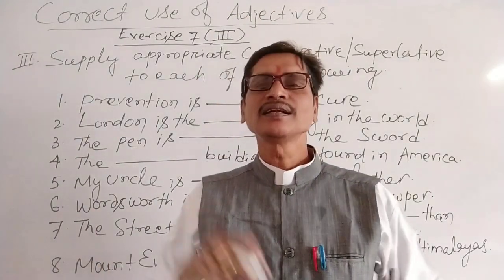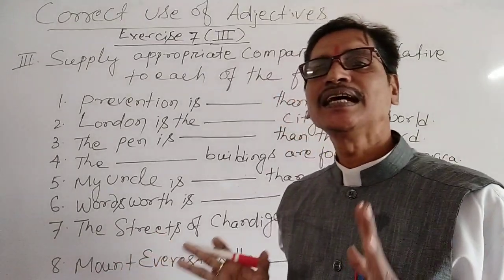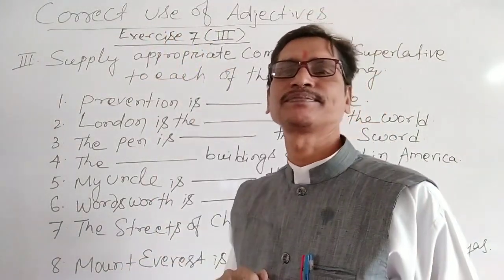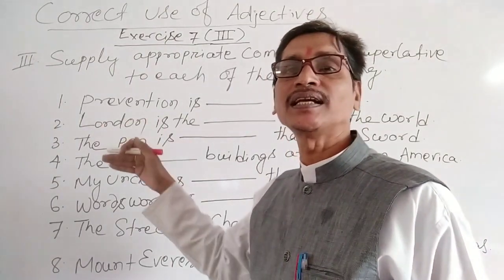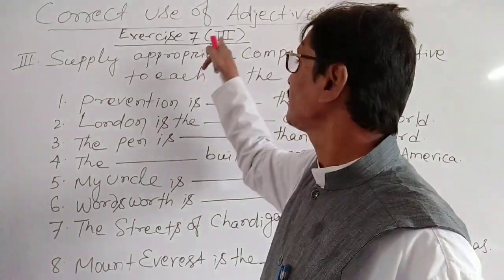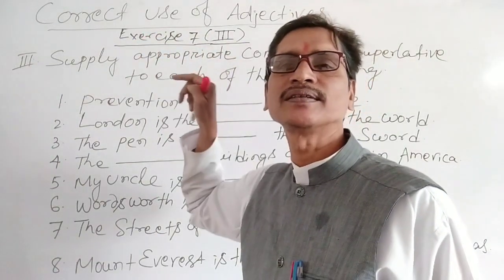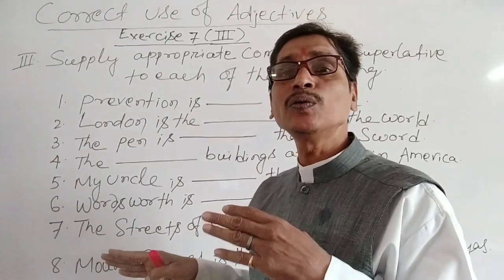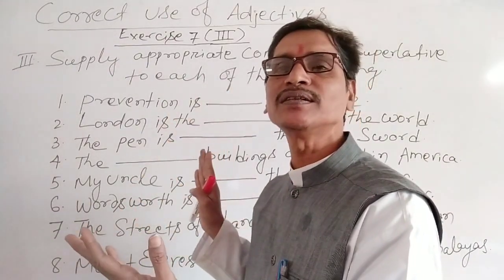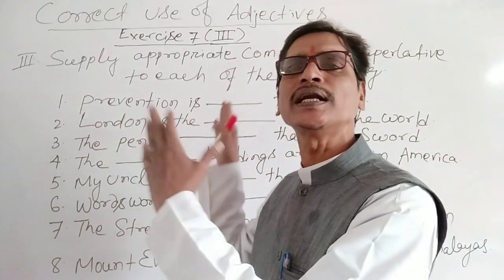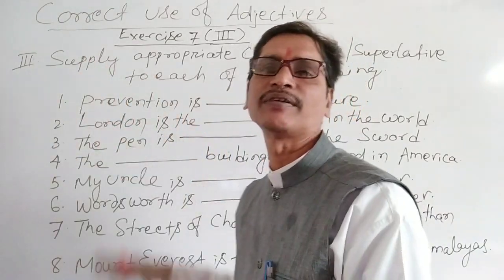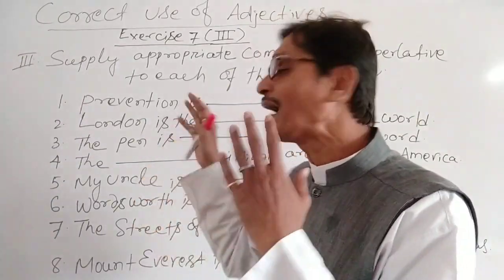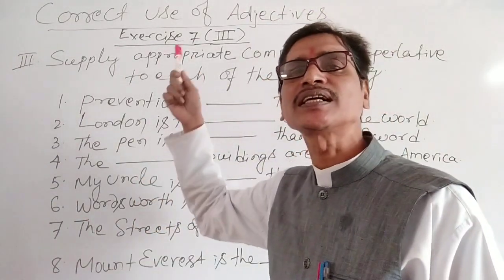Dear students, now let's discuss part 3 of exercise 7. Previously, we discussed part 2 of exercise 7, where several adjectives were given, and we had to use the comparative and superlative degree of those adjectives in the blank spaces. Here in part 3, some instruction is given to us.